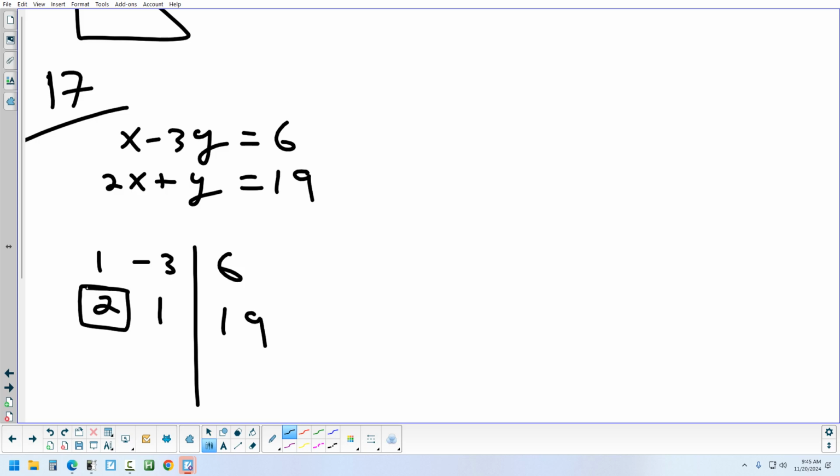Negative 2. Yep. So let's do negative 2 times the first row, and we're going to add that to row 2, and that's going to replace what's currently in row 2. So which row stays the same? Row 1. 1, negative 3, 6.